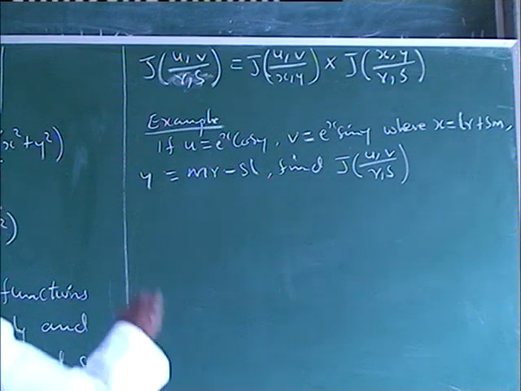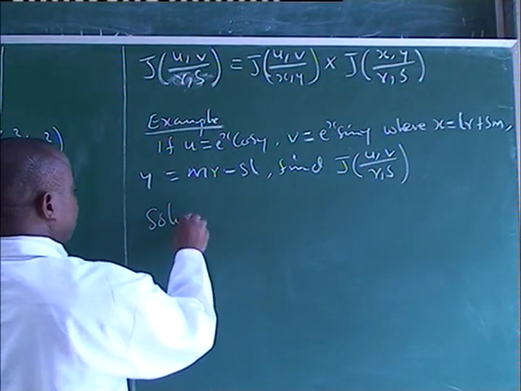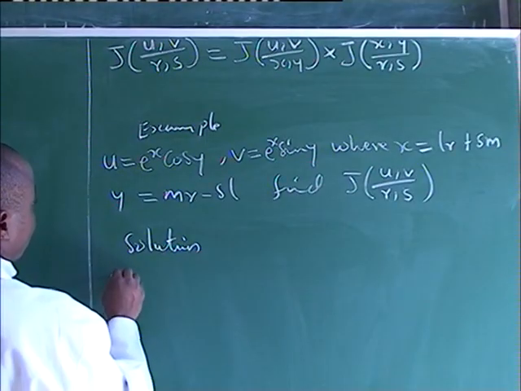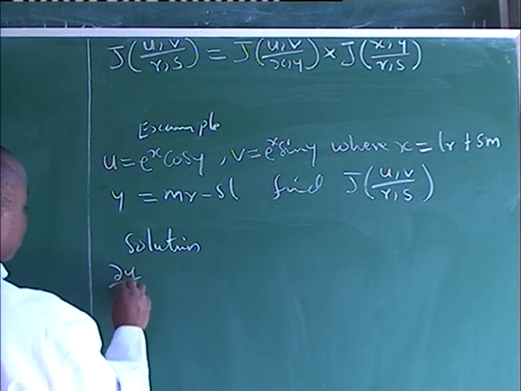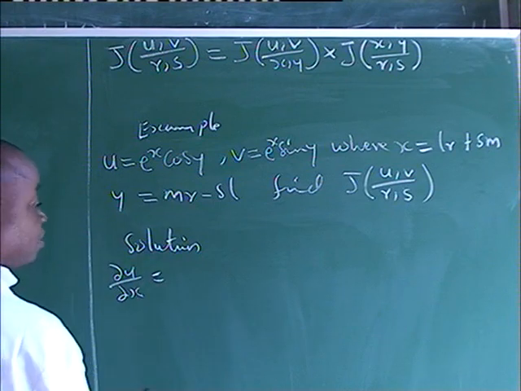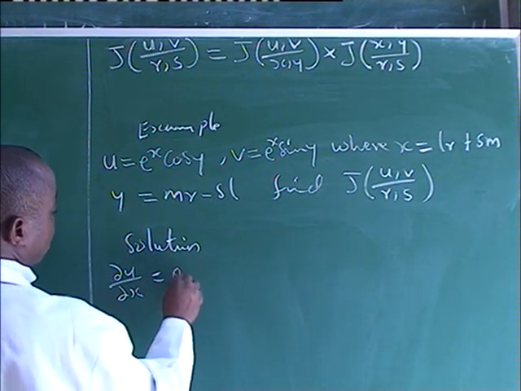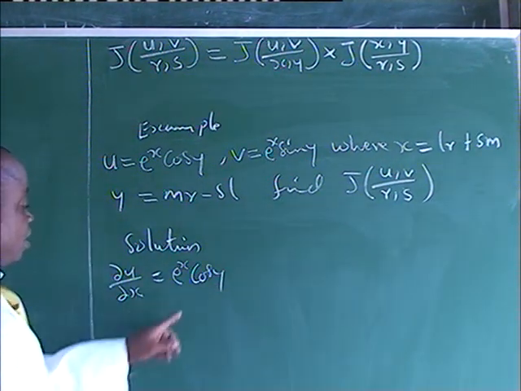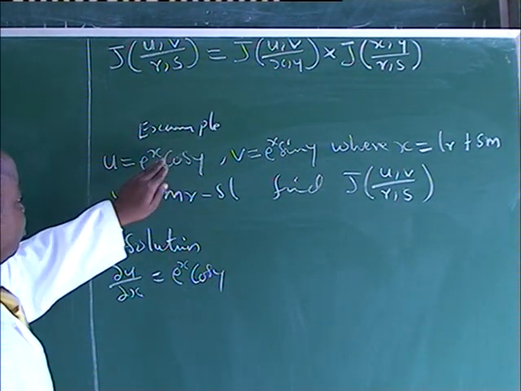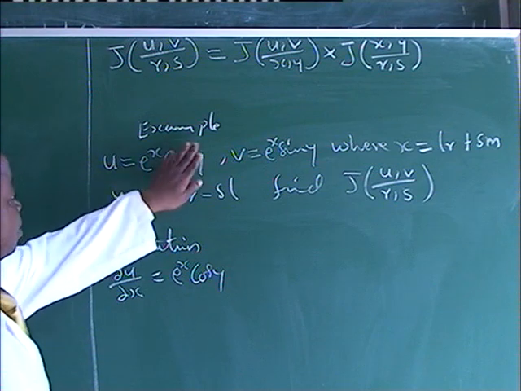See that? So, in the solution, we know that from here, partial u, partial x is equal to e^x cos y, as if y does not exist.